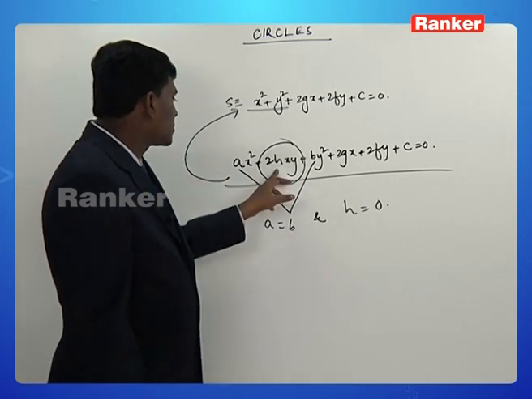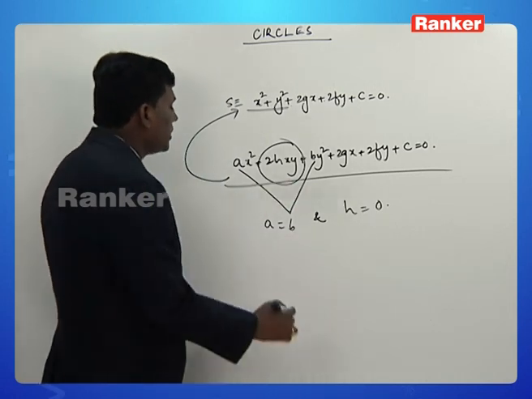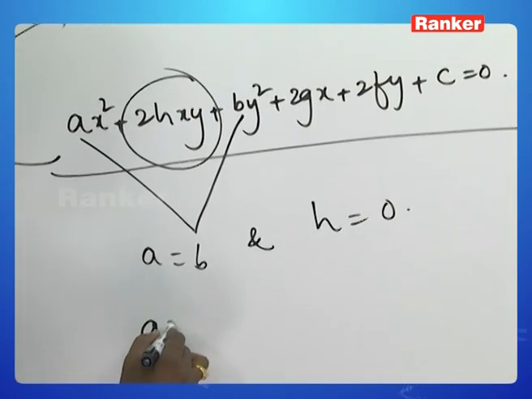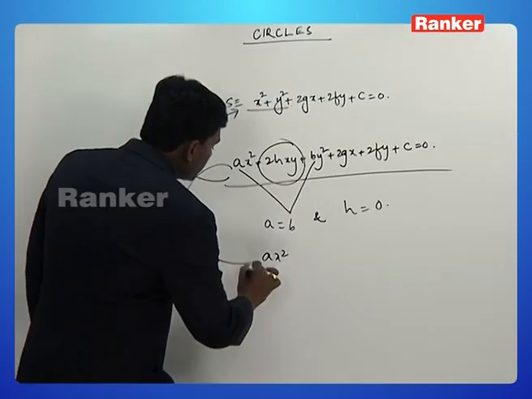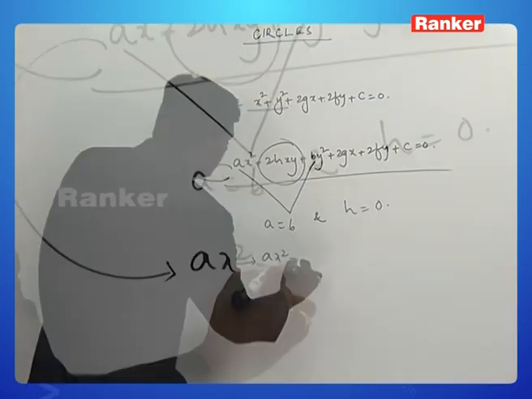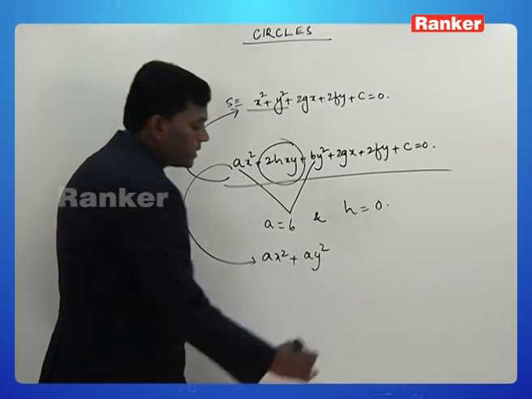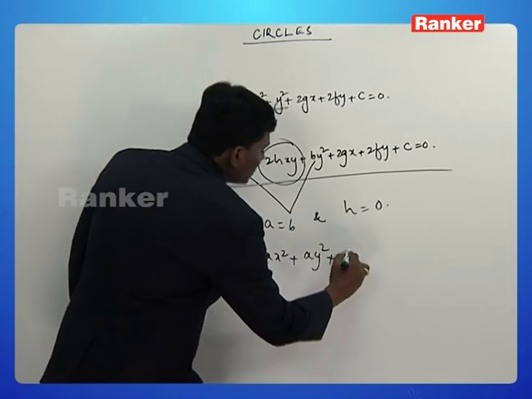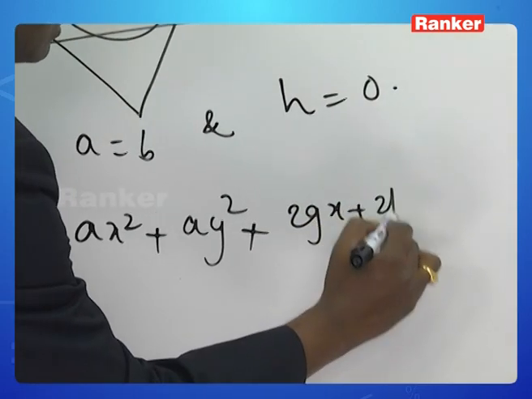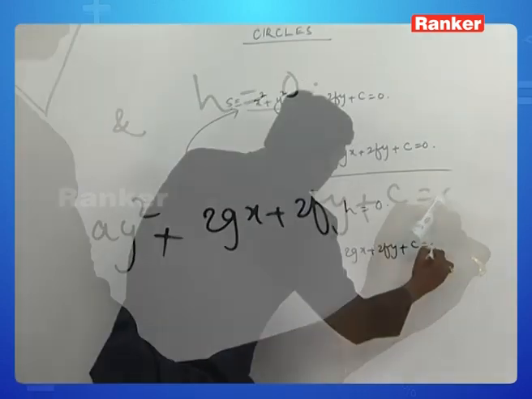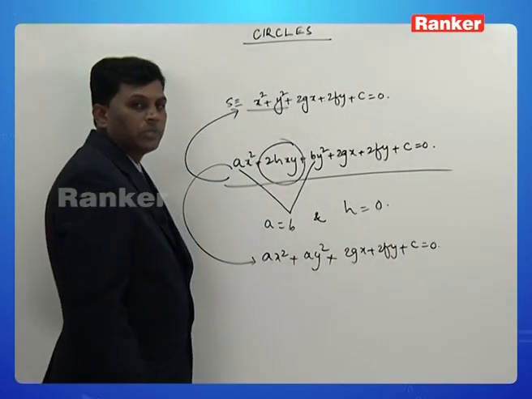Applying h equals 0 and taking a equal to b, this equation can be reduced to the form ax square plus, writing b as a, ay square, eliminating h, plus 2gx plus 2fy plus c equals 0.